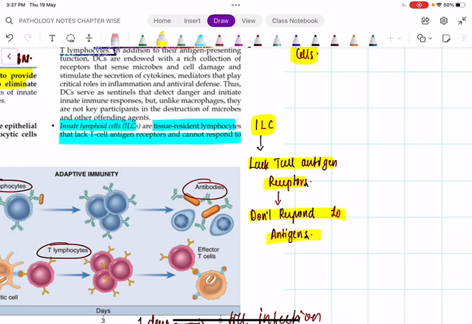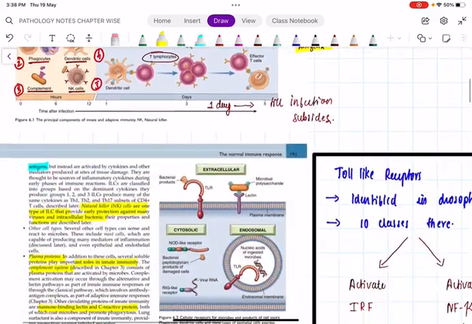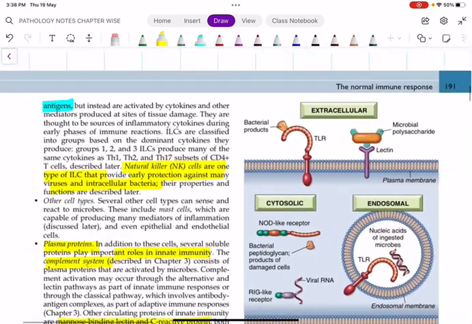Since they don't have the T cell receptor, TCR, which I will tell you about very soon, they can't present antigens and can't bind with the T lymphocytes. The best examples of these innate lymphoid cells are our NK cells, or natural killer cells. They are one type of innate lymphoid cells, and they mainly give protection.